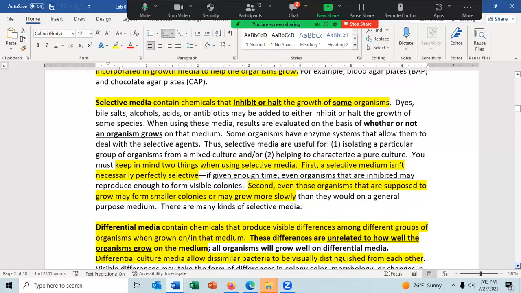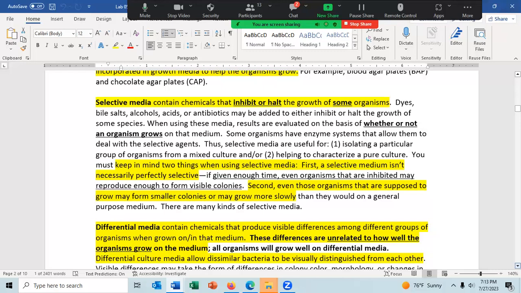Let's talk about selective media. A selective media is one that contains a chemical that inhibits or halts the growth of some organisms, but does not inhibit other organisms. You should keep in mind two things when using selective media. First, the selection may not be perfect, meaning given enough time, organisms may grow and form visible colonies when they are being selected against.